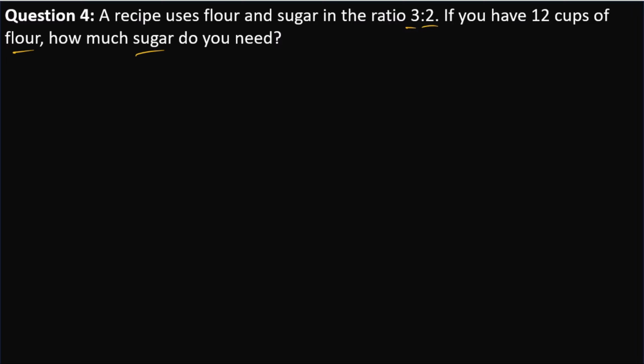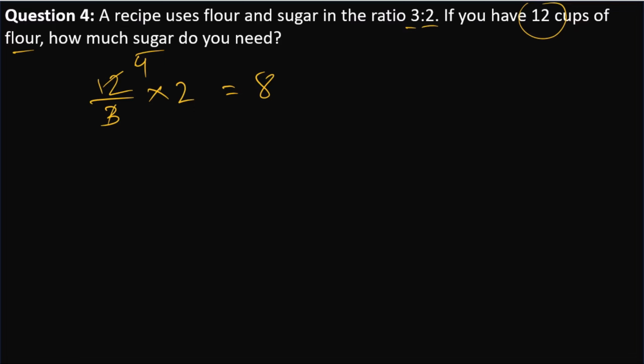So the simple thing is, you have the amount of flour, 12 cups, so you need to divide by its ratio 3 and multiply by 2. So 3 goes into 12 four times, and 4 times 2 equals 8. So 8 cups of sugar is required for 12 cups of flour.